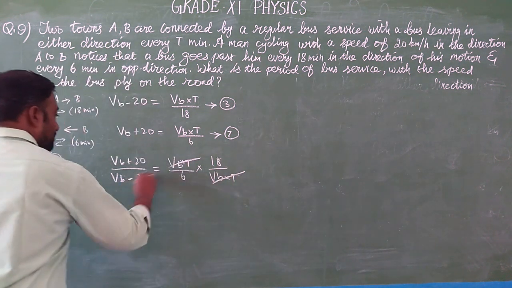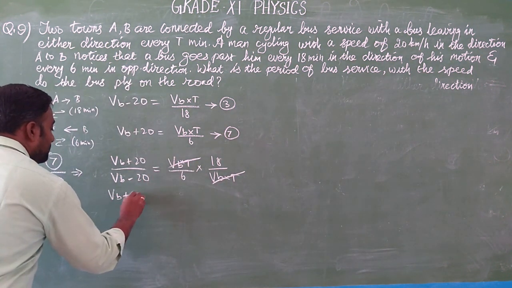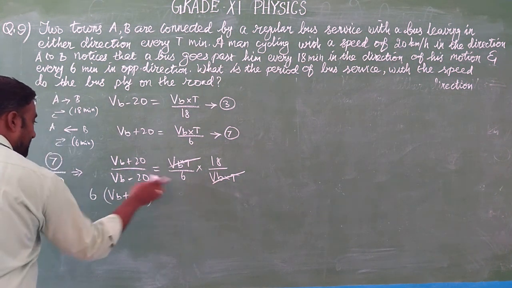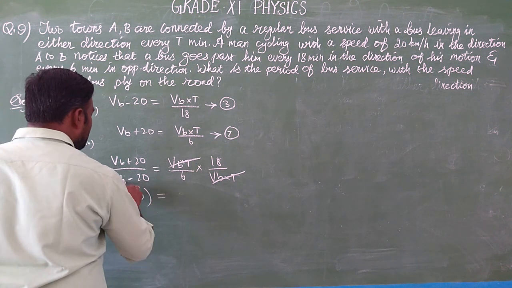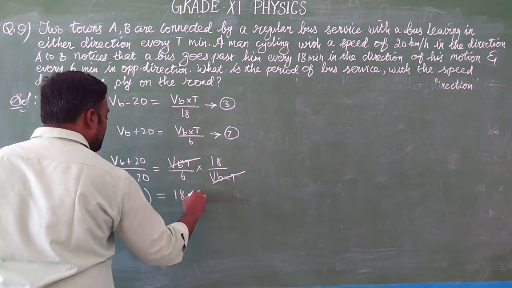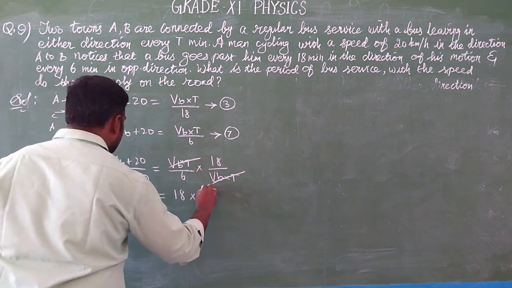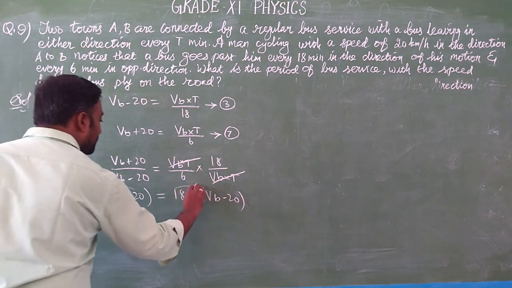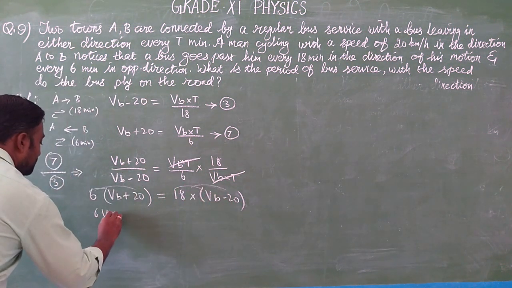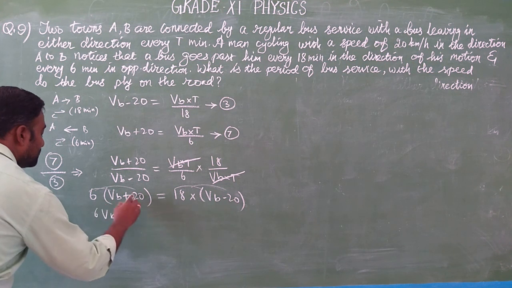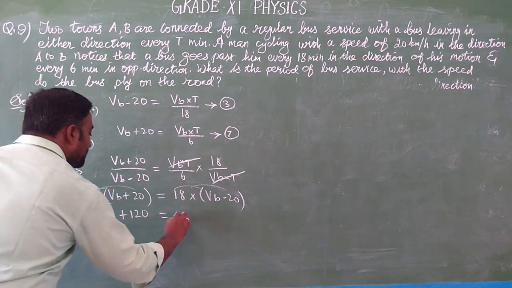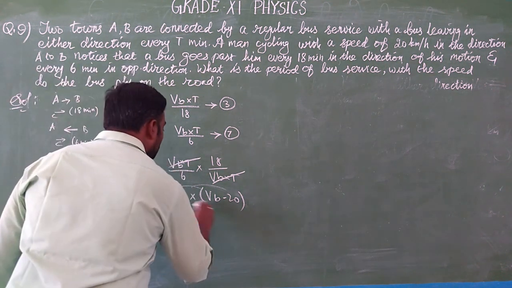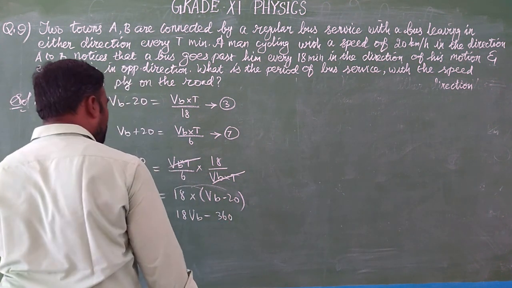Then using cross multiplication, the denominator 18 is multiplied with the left hand side, and similarly the 6 goes to the right hand side, and this denominator becomes VB minus 20. Then multiply inside. So what will you get? 6 VB plus 6 twos are 120, which is equal to 18 VB minus 360.